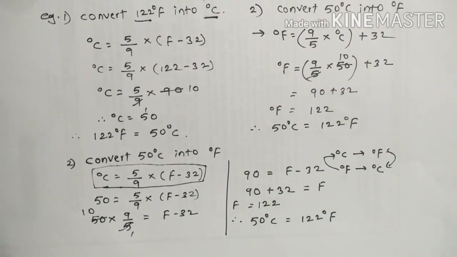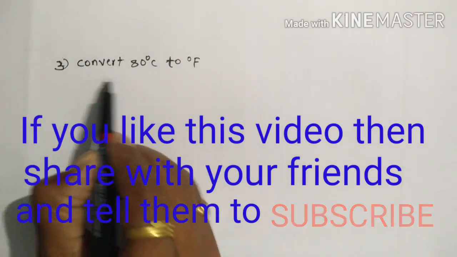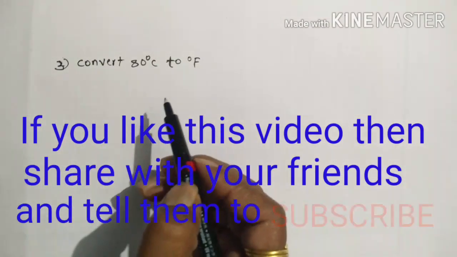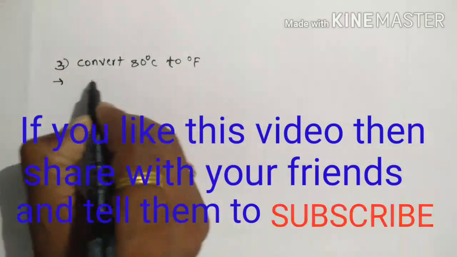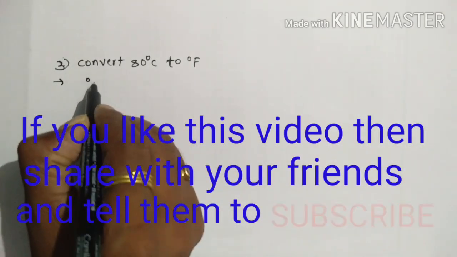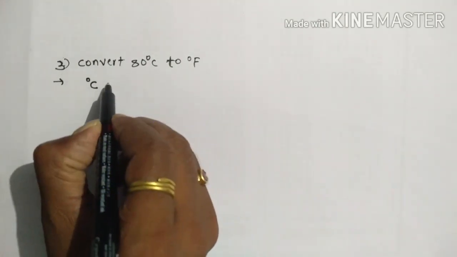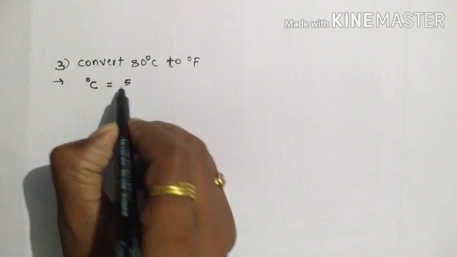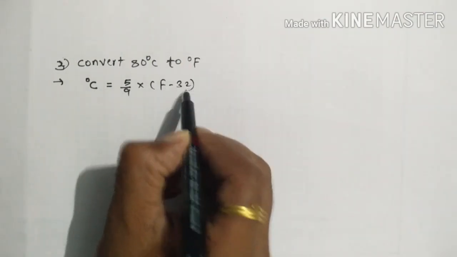Okay, let us take the next examples. Let us take the third example, that is, convert 80 degree Celsius to degree Fahrenheit. You know very well that we have to use only one formula. If you are not understanding, you may use the given formula: degree Celsius is equal to 5 by 9 multiplied by F minus 32.